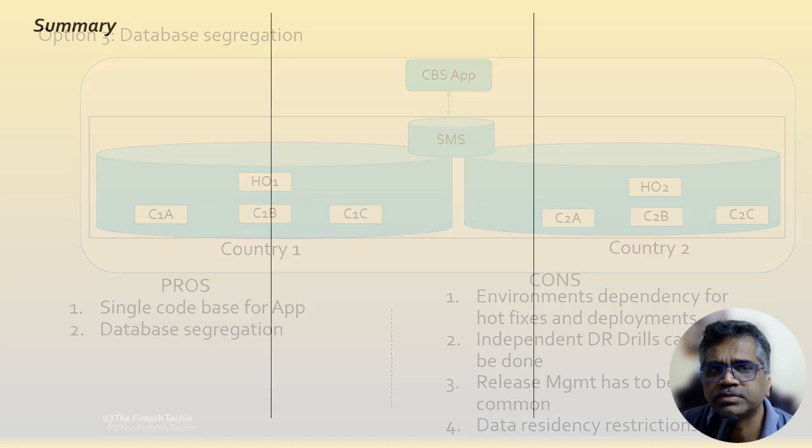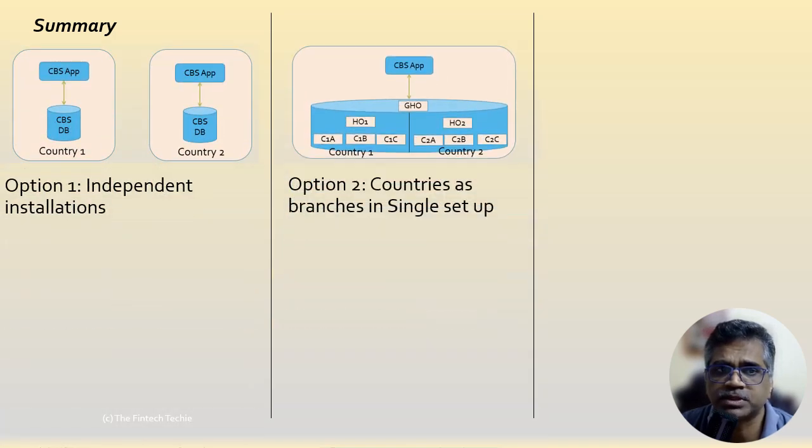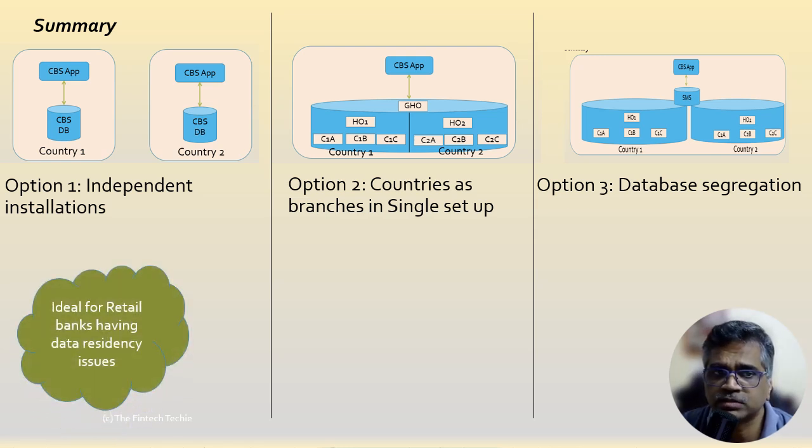So the question comes: which scenario is exactly the best fit for my business need? Now that depends. You have seen option 1, independent installation, option 2, countries as branches, and number 3, using pluggable databases, achieving database segregation. The first one, independent installation, is the best fit for retail banks having large volumes and having data residency issues.